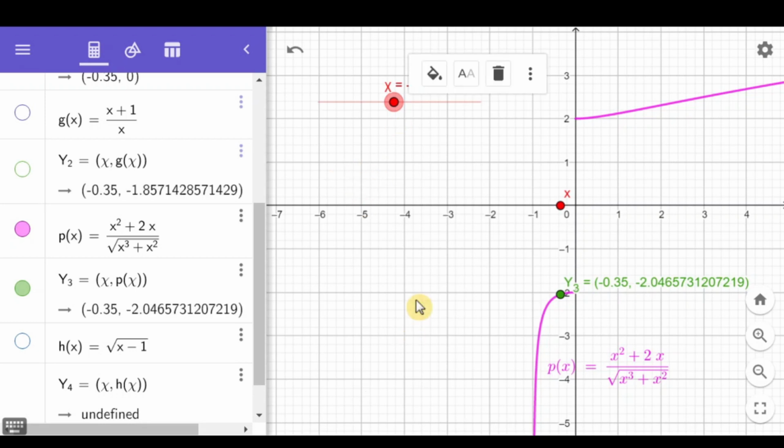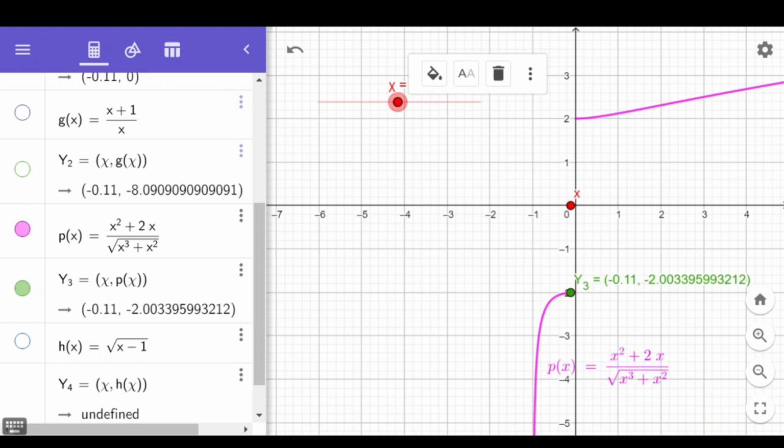Papunta tayong 0. So, what happens? Negative 2.0, negative 2.029. Lapit pa natin. Malapit siya. Negative 0.19, negative 0.18 na tayo. Negative 0.17. Closer. It's getting closer and closer to 0 from the left.